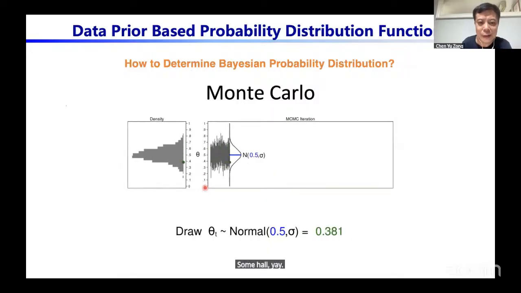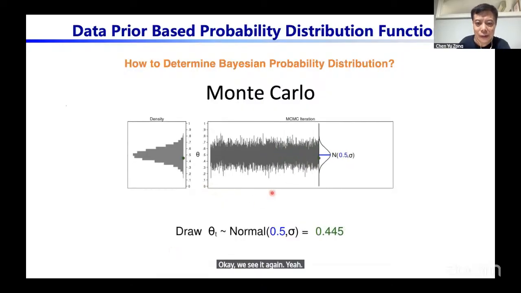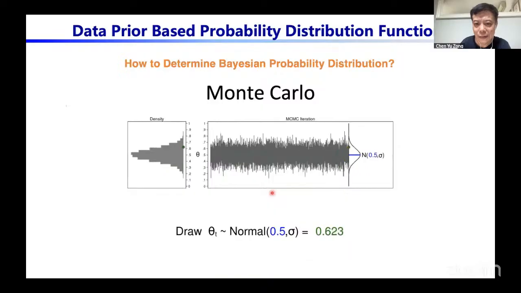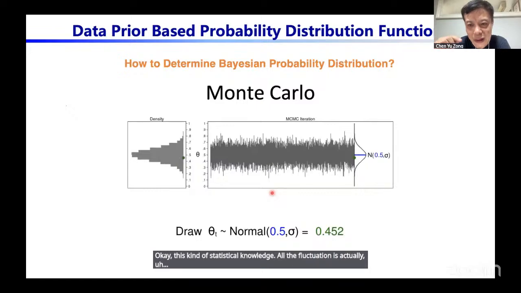Okay, we see it again. This kind of statistical noise or fluctuation is actually fluctuating around the middle point. If you notice that, maybe I play it again.